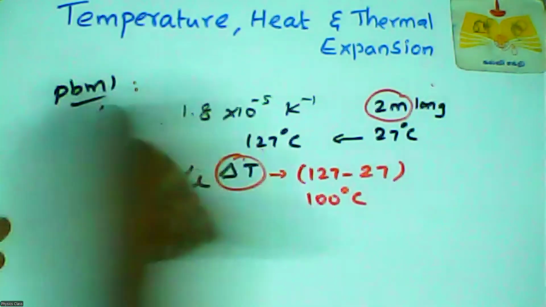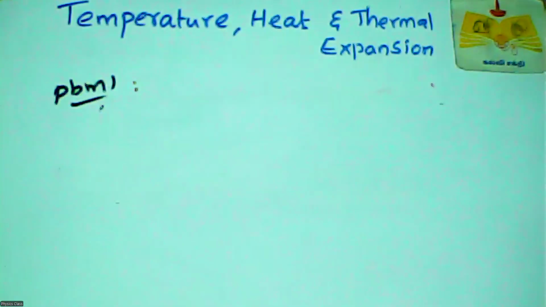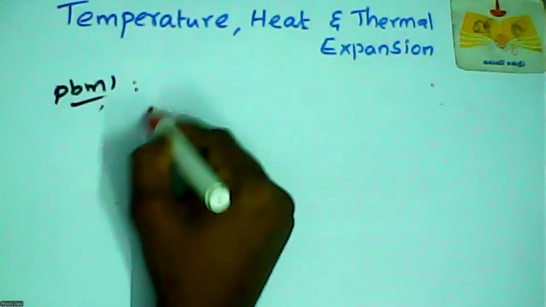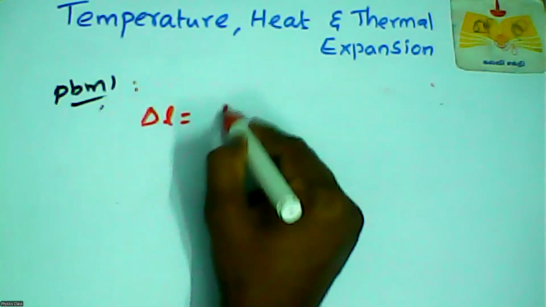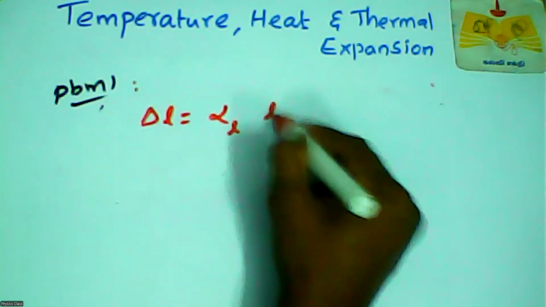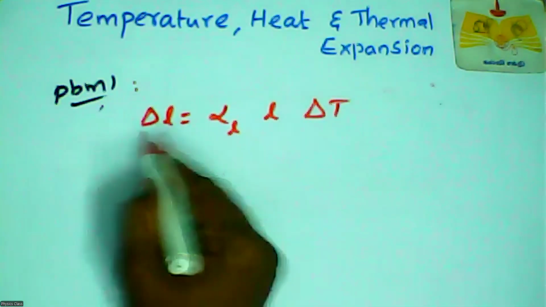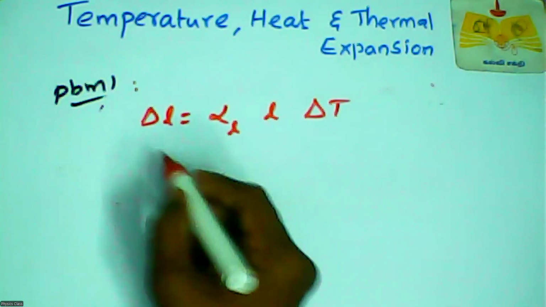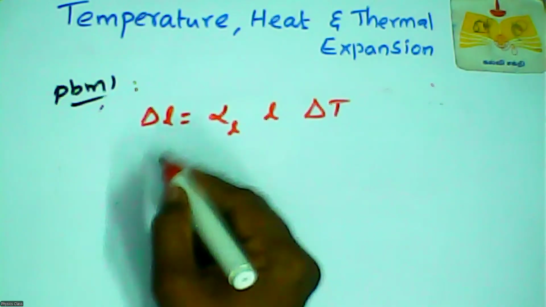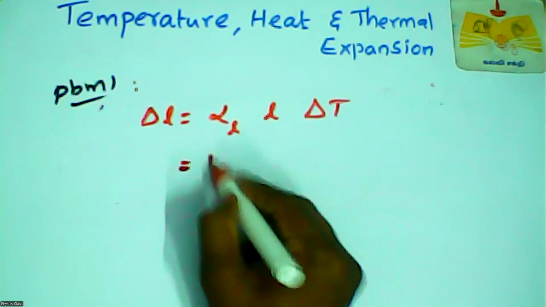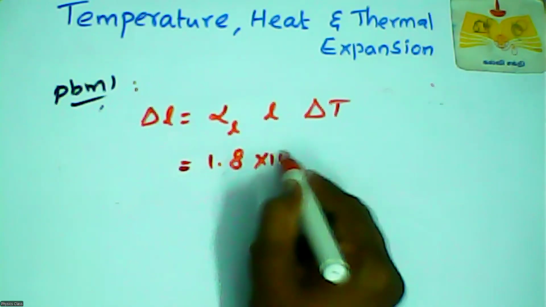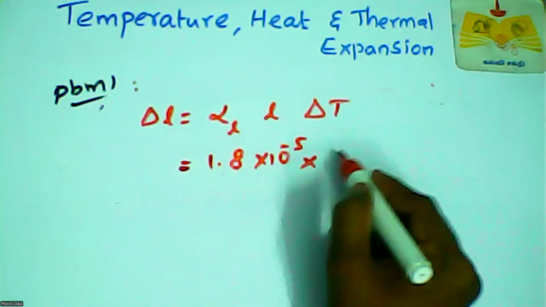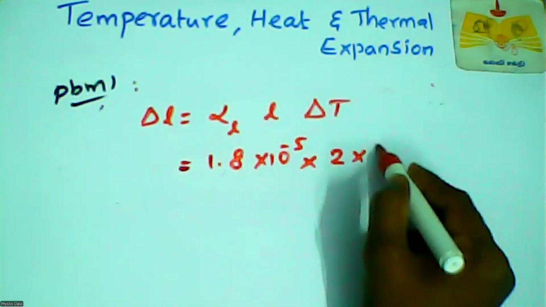So for that case, del L equals alpha L into L del T. Alpha L is 1.8 into 10 power minus 5, L is 2, del T is 100.